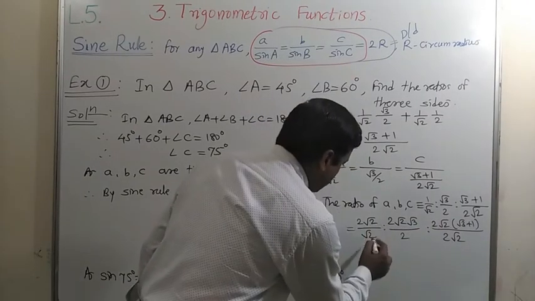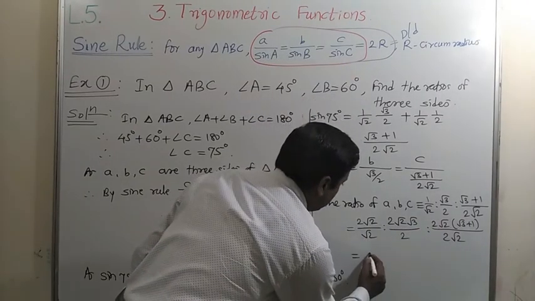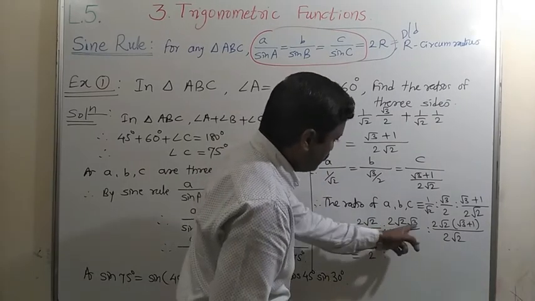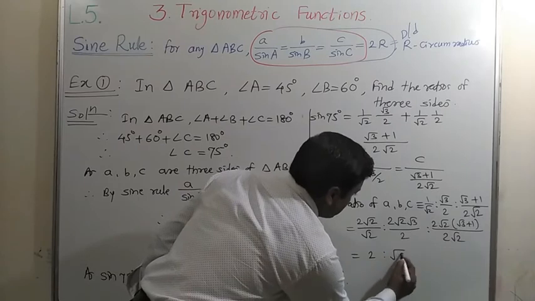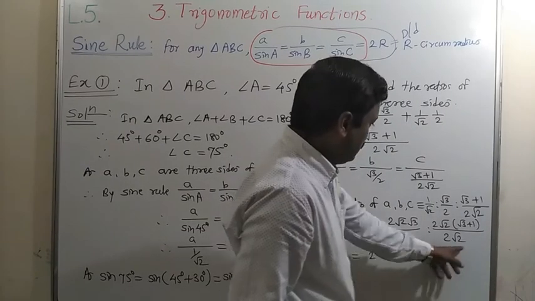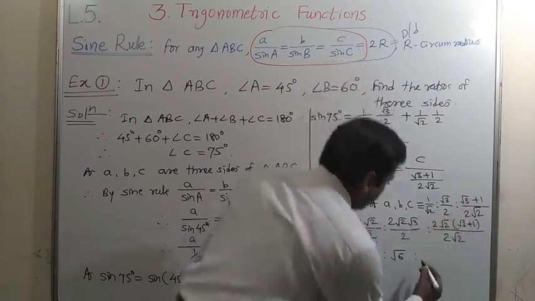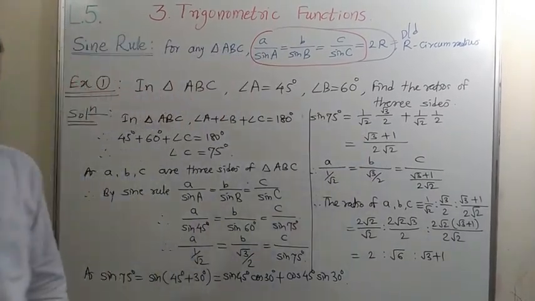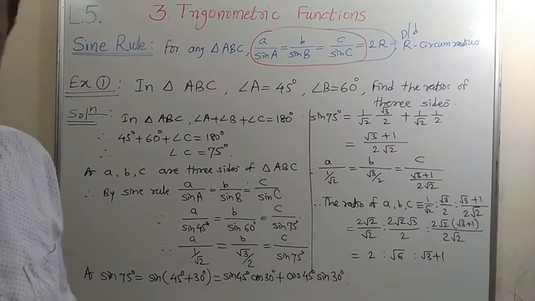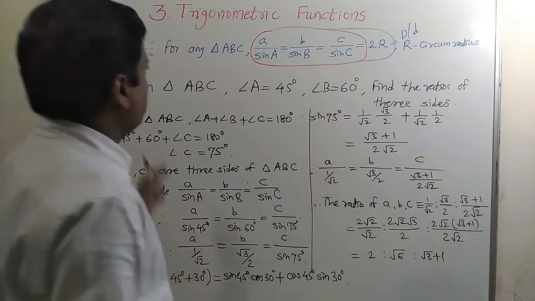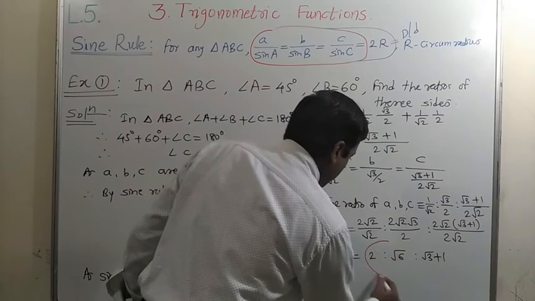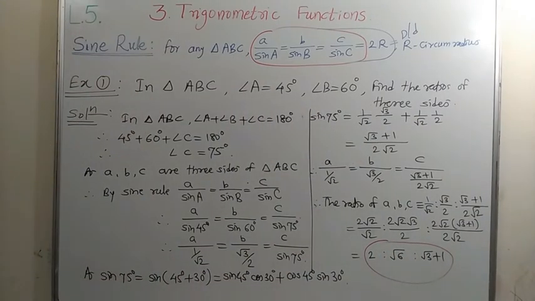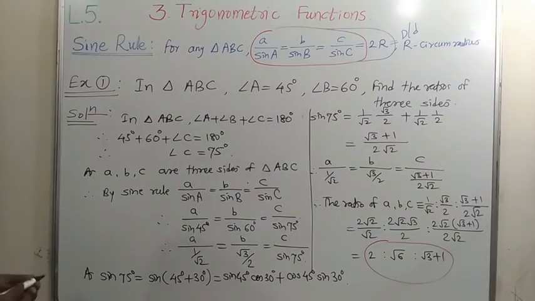Here root 2 will cancel, so only 2 remains. Here 2 gets cancelled, remains root 2 root 3, that is root 6. And here 2 root 2 both cancel, remains only root 3 plus 1. So that is the answer: these three sides are in the ratio 2 is to root 6 is to root 3 plus 1.